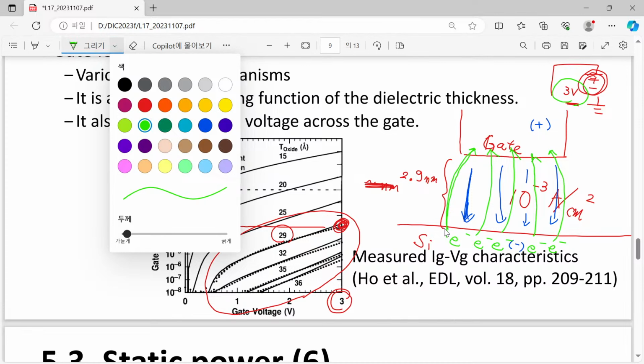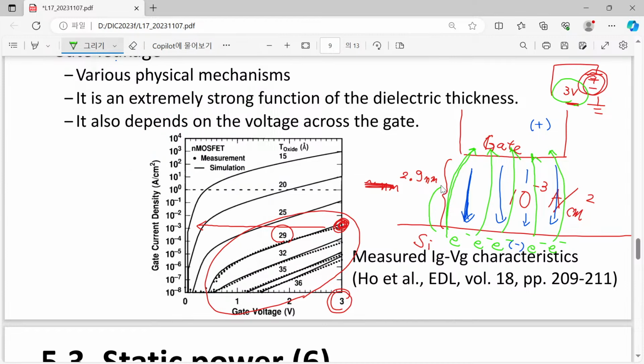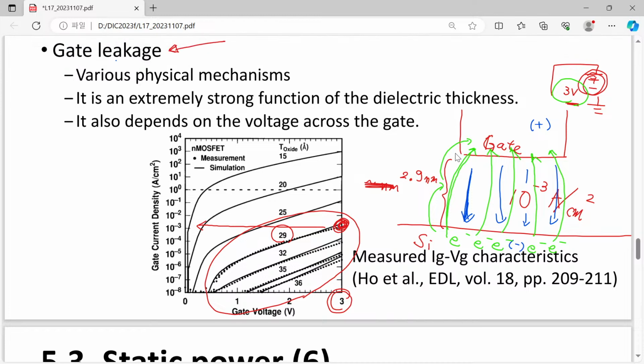Instead of jumping directly, we can have some intermediate position and jump. Okay? So there can be many different ways. That's the reason why we have various physical mechanisms to allow current conduction between the gate and the silicon channel.